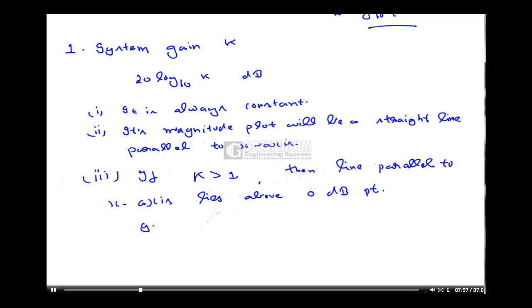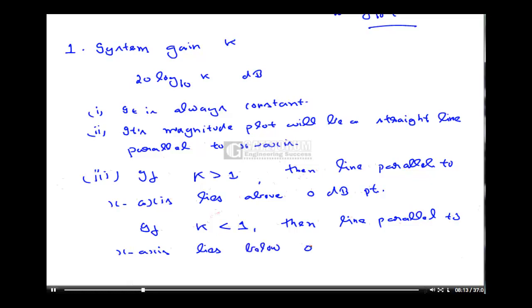In case K is less than 1, then the line parallel to the x-axis lies below the 0 dB point. Where the 0 dB point is when K is equal to 1.